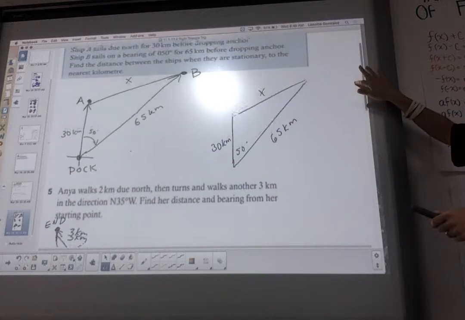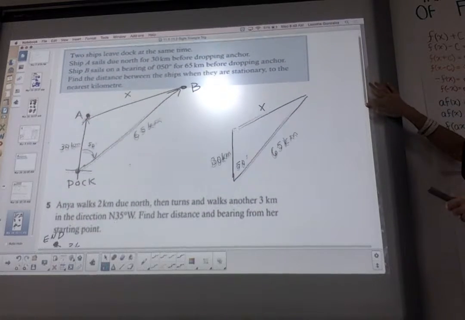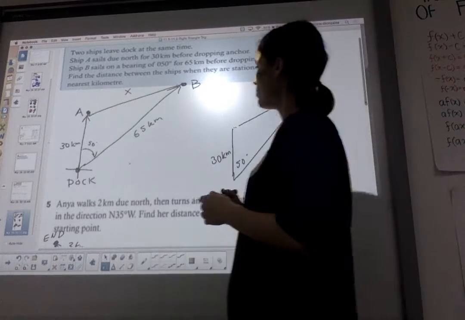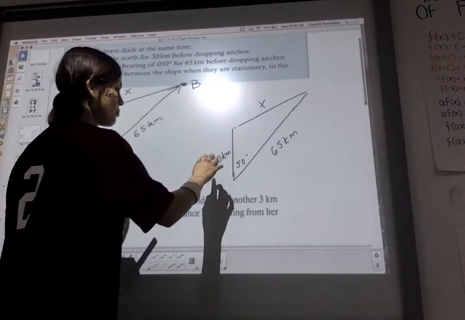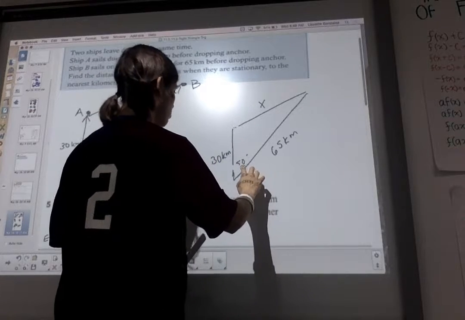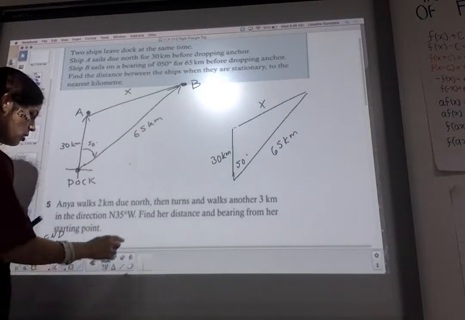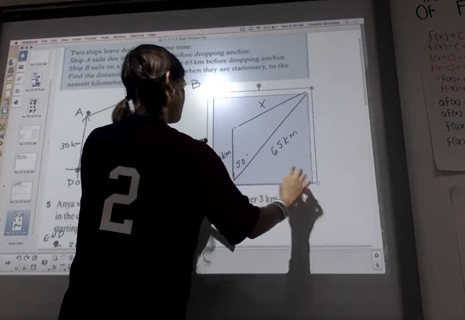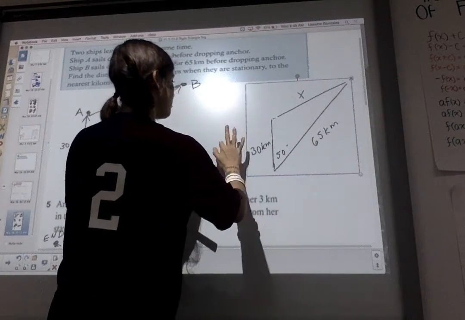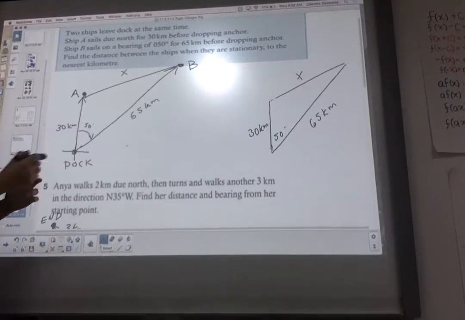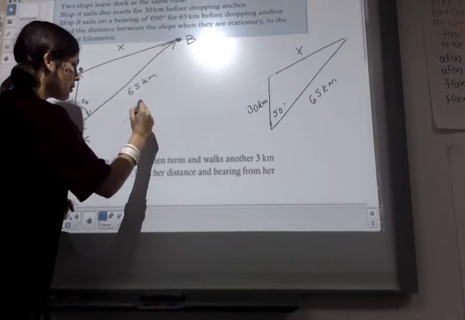Alright, so now let's actually solve. So let's come back to the top. So cosine rule. Okay, so cosine rule says, I'm just going to write it one more time.